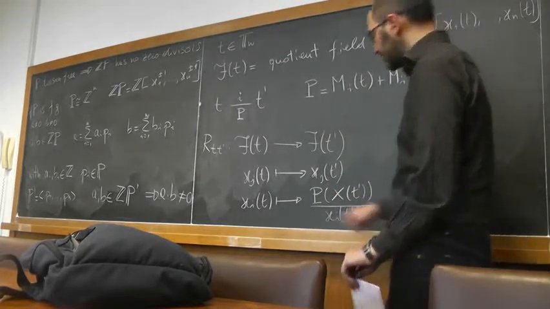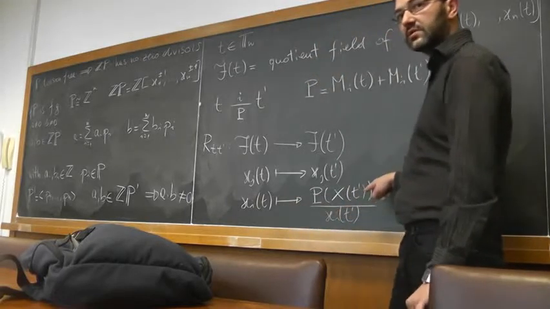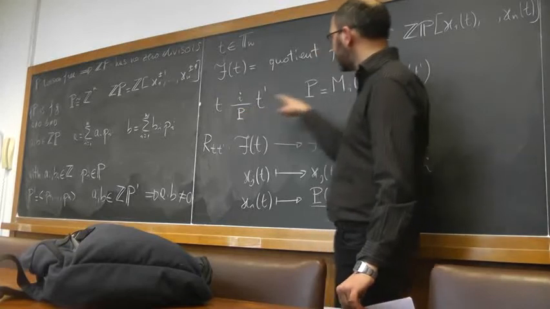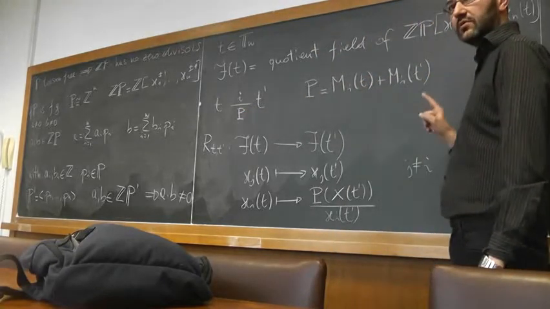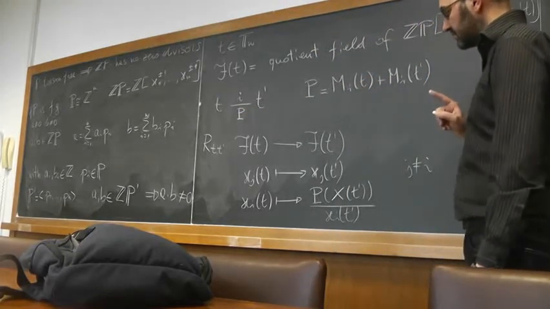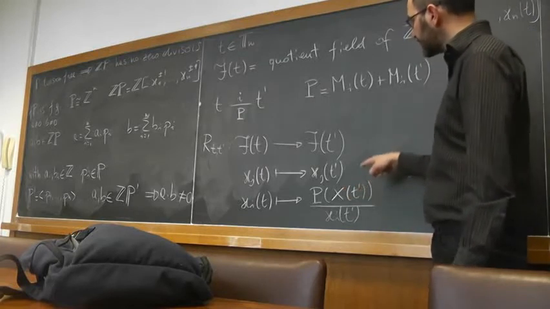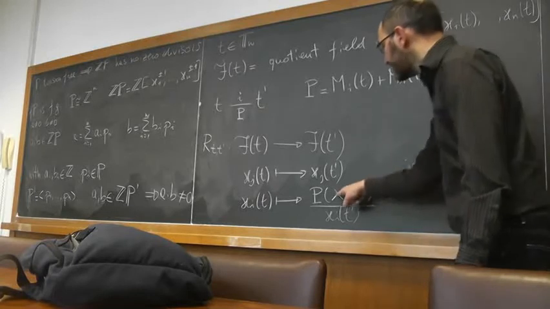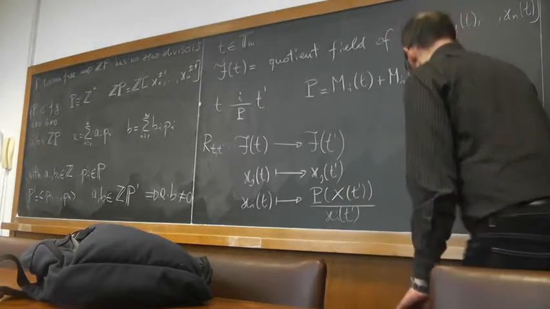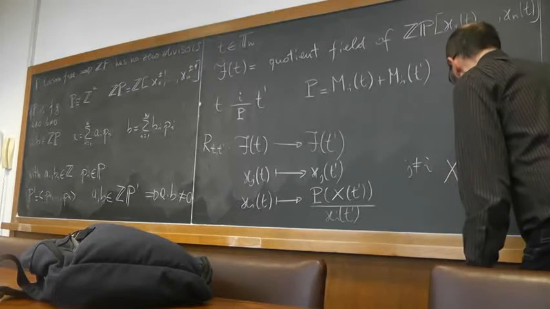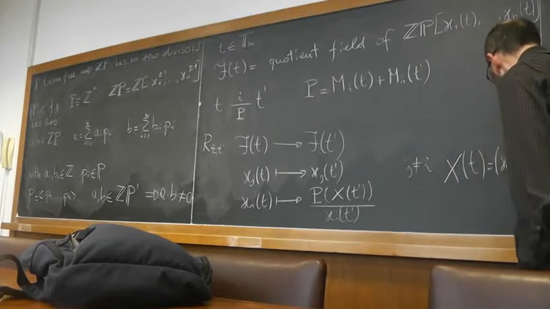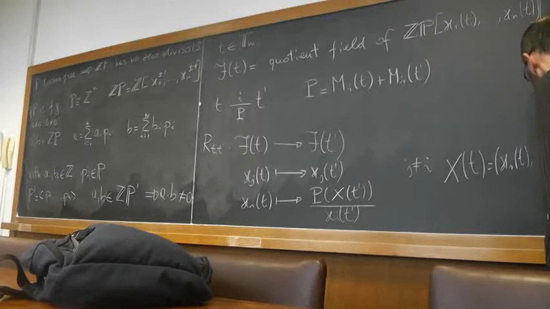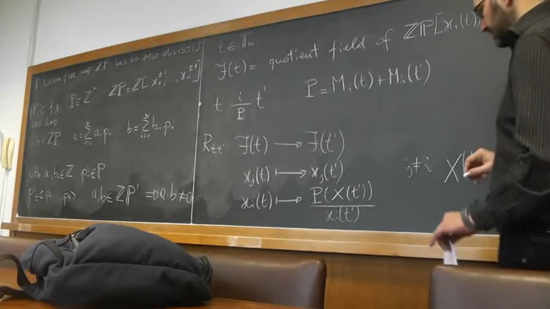Remember, the relation was that the product of these two is p. p is this polynomial, which is the sum of the two monomials. Here xt are the variables x1,t, x2,t, ..., xn,t, a capital Xt.